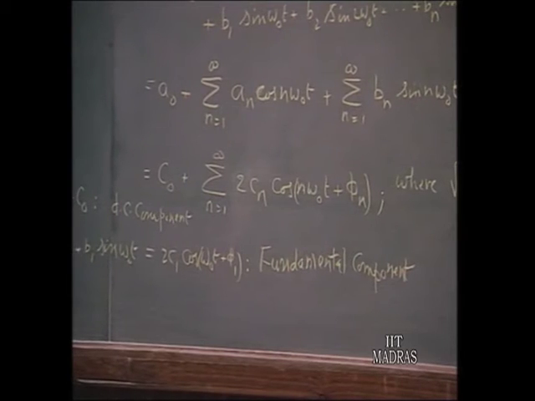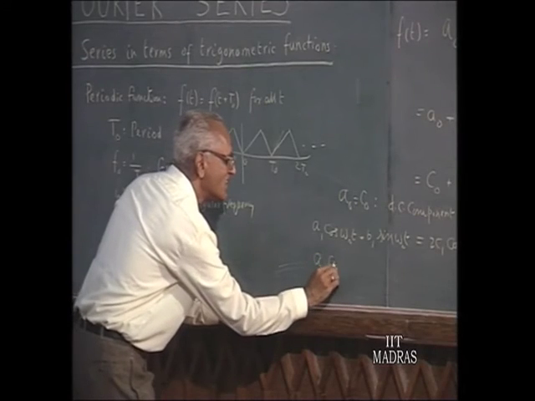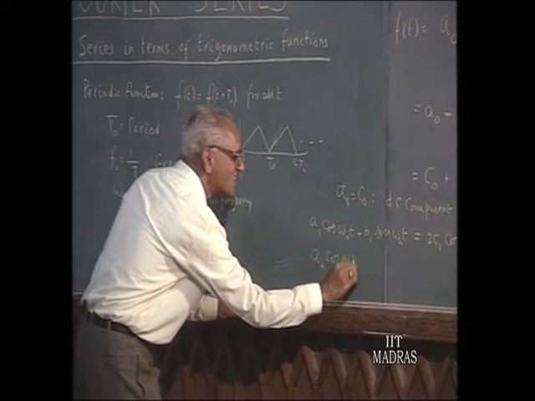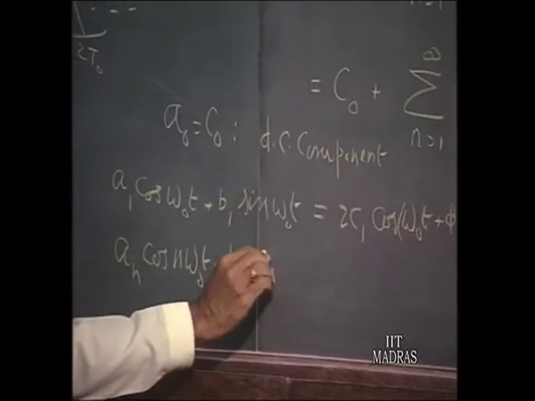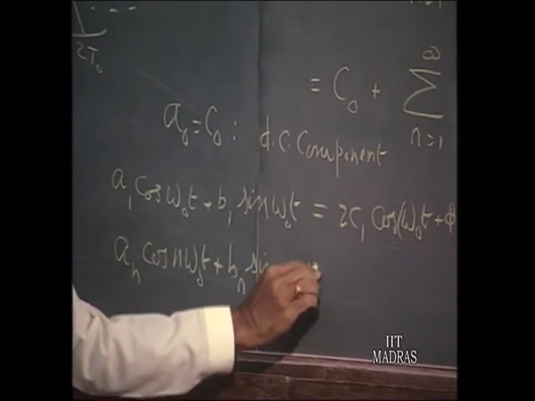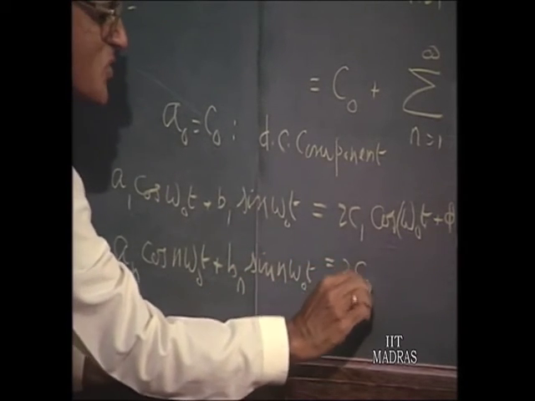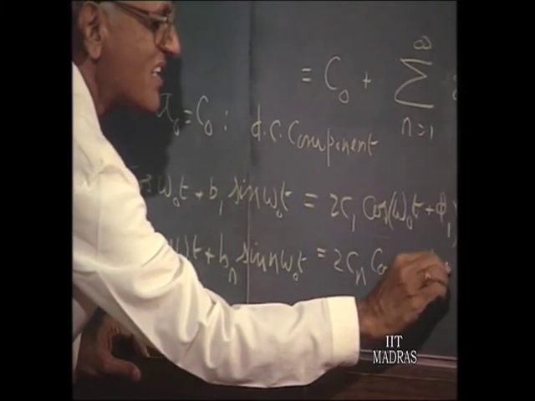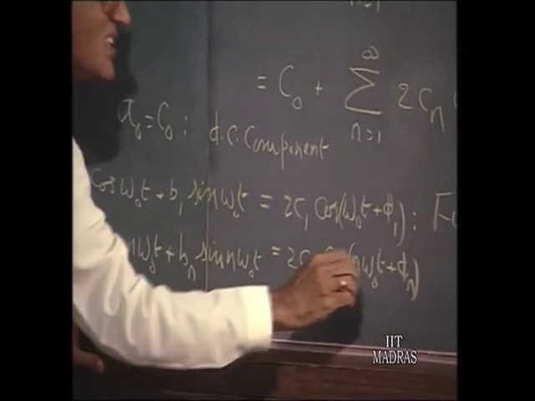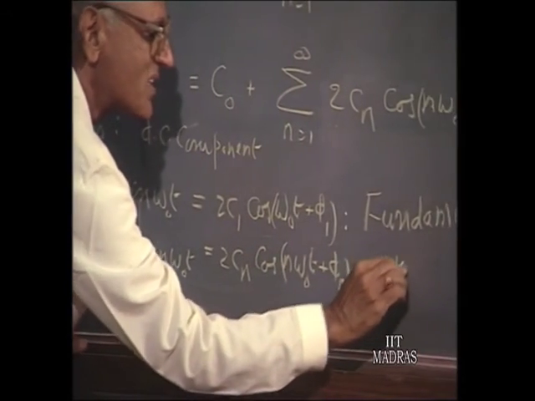And a general term, an cos n omega naught t plus bn sin n omega naught t, which will be 2Cn cos n omega naught t plus phi n, is called the nth harmonic component.